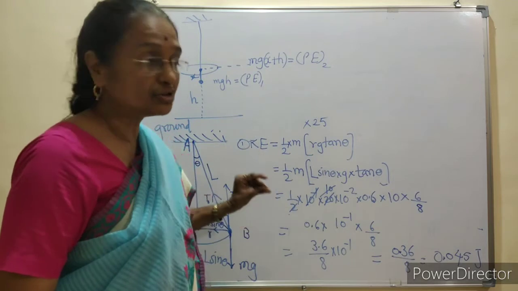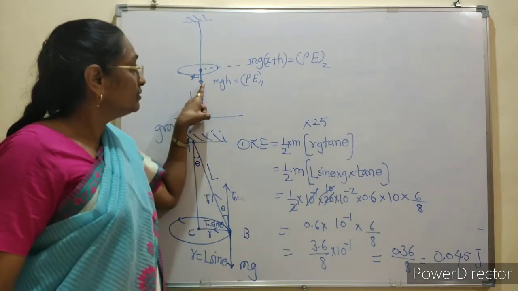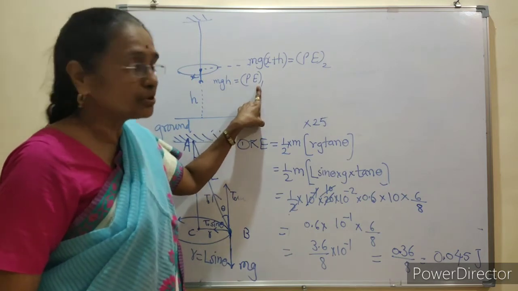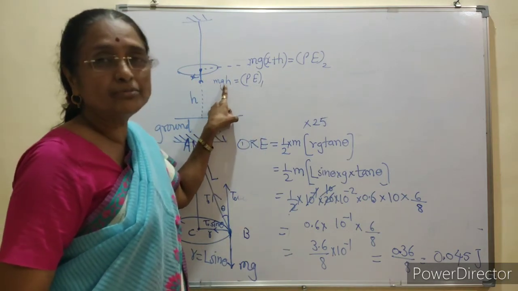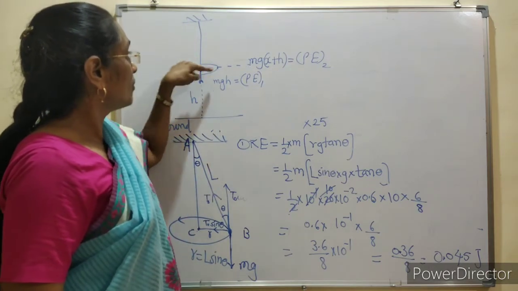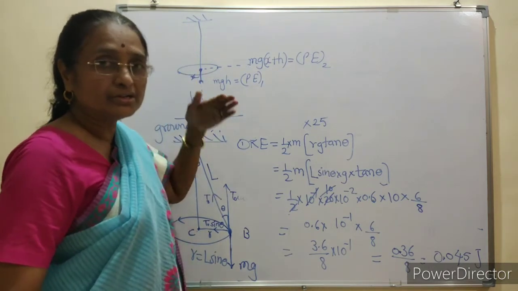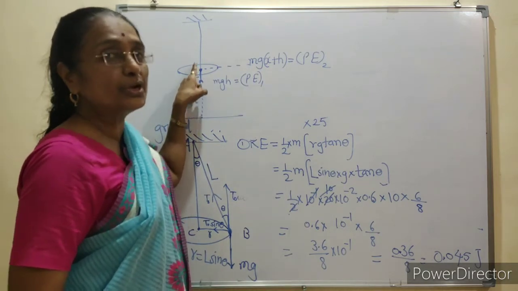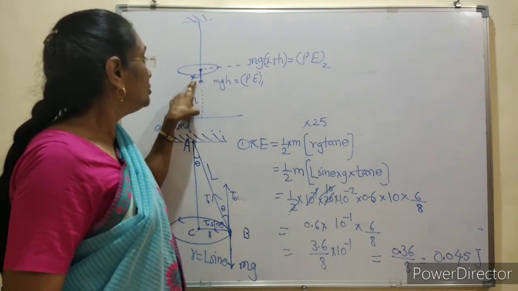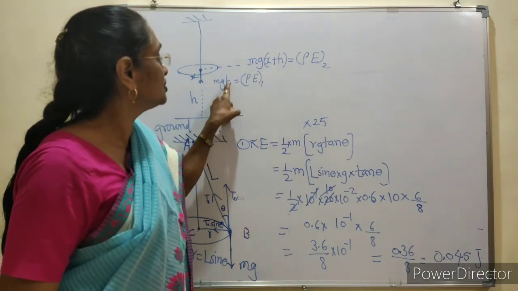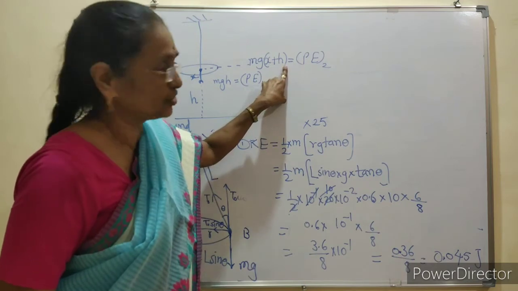So try to understand the equation of potential energy. Initially it is at a certain height h, and the initial potential energy is simply mgh. Now when the particle performs circular motion, it gets slightly raised. Suppose it is raised through a distance x, then the new potential energy is mg into (x plus h), where h is replaced by x plus h.